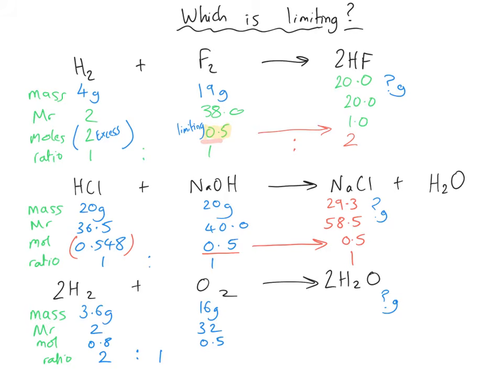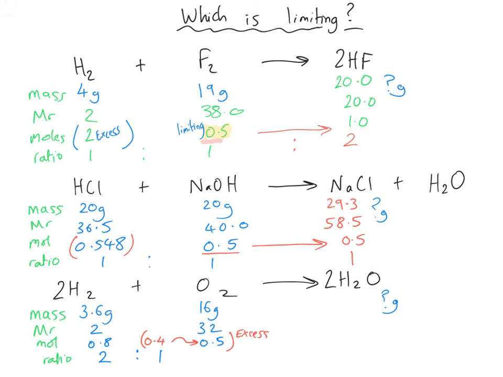And so 0.8 moles of hydrogen requires 0.4 moles of oxygen to react with it. Now we've actually got 0.5 moles of oxygen, which is obviously bigger than 0.4. So that means we've got more than enough oxygen, and so it is in excess, and the hydrogen is the limiting factor.